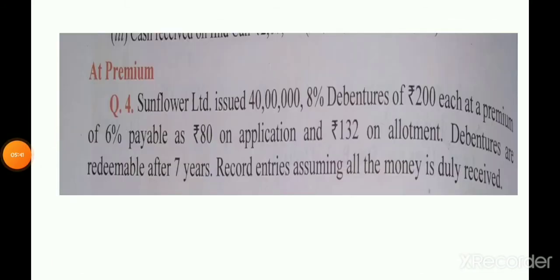So, the next question is: Sunflower Limited issued 40 lakh debentures of 200 each at a premium of 6%, payable as 80 on application and 132 on allotment, and debentures are redeemable after 7 years. So, record the entries.